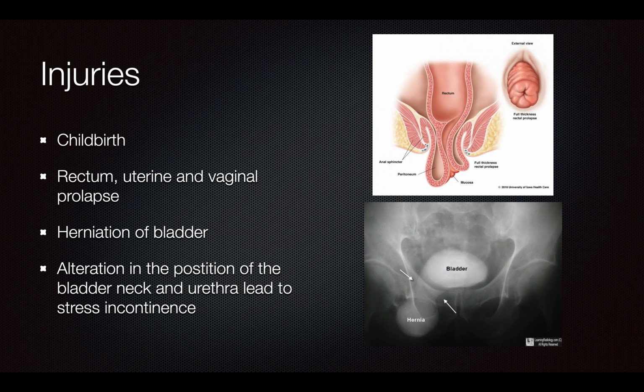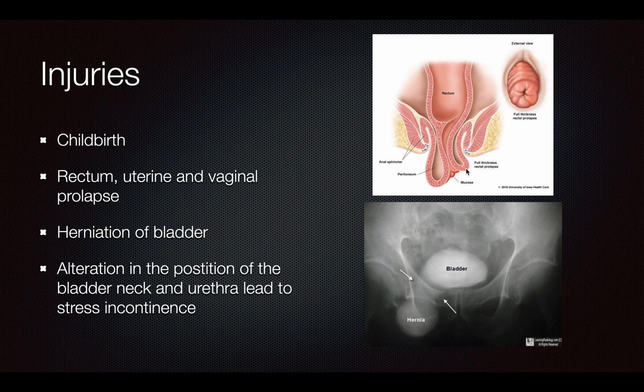Okay, so injuries. Most commonly, the injuries of the pelvic floor would be through childbirth, and it causes rectal, uterine or vaginal prolapse, and that means that all these organs kind of go through the rectum.